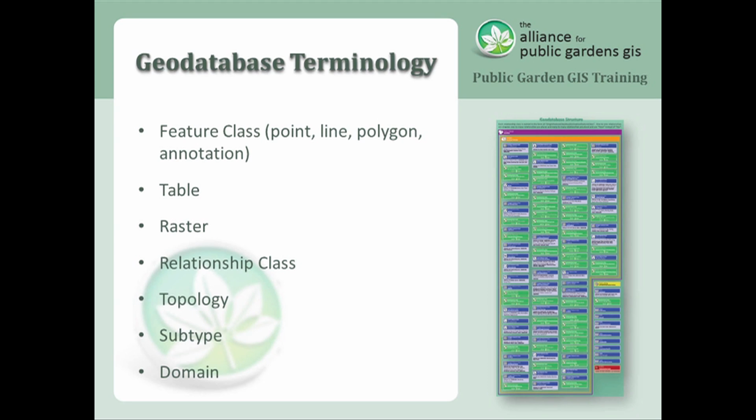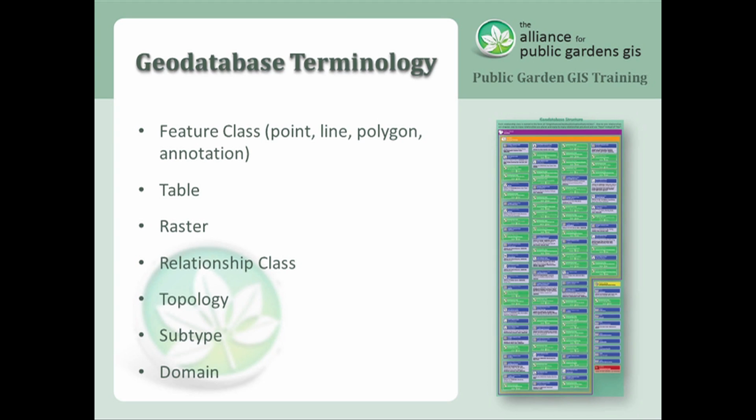We would draw a line around the outside of it, but that line closes and thus forms a polygon. That is the boundary of that planting bed. And annotation, as I mentioned, would be used for maybe storing the scientific name and accession number of a plant that you want to display on your map. Those are fixed labels, so that when you pan and zoom around your map, those labels stay the same size and in the same place.